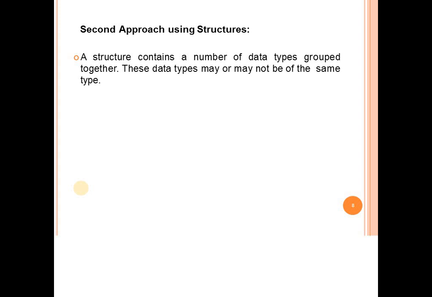You are not maintaining a separate bag for pens, a separate bag for pencils. So this is a perfect analogy for your structure. I think now you got the point. Array is a collection of the same data type, whereas structure contains a number of data types together. They are of different types.